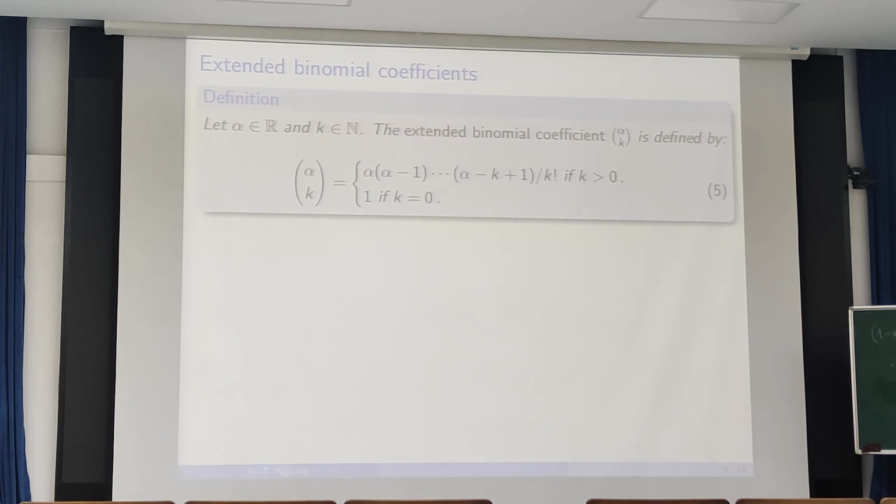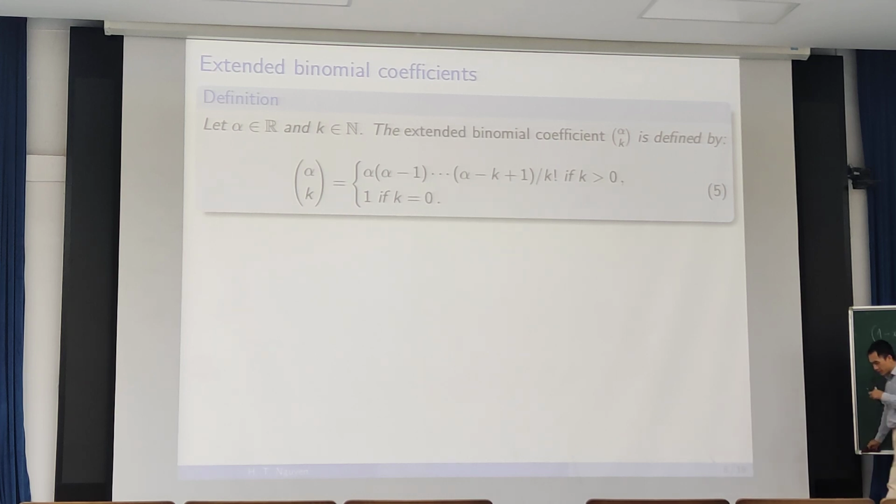So if we simplify every term from 1 to n minus k, we are left with n times (n minus 1) etc. times (n minus k plus 1), divided by k factorial.